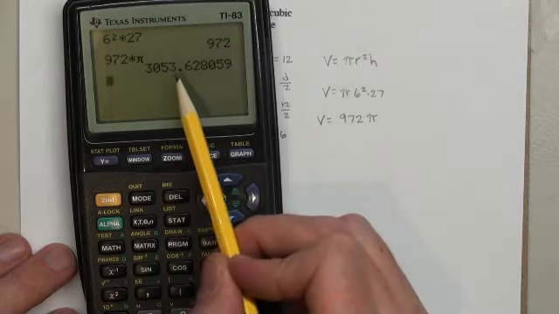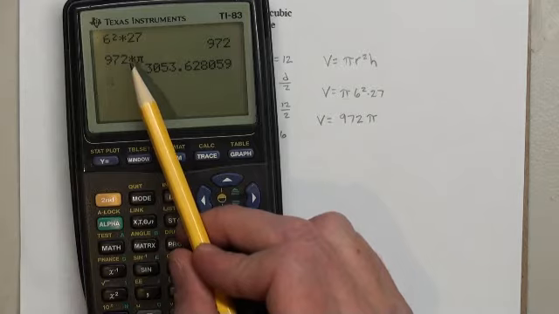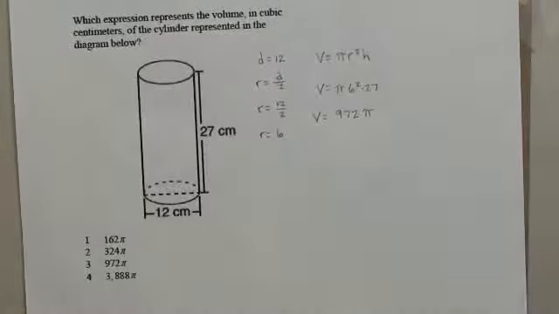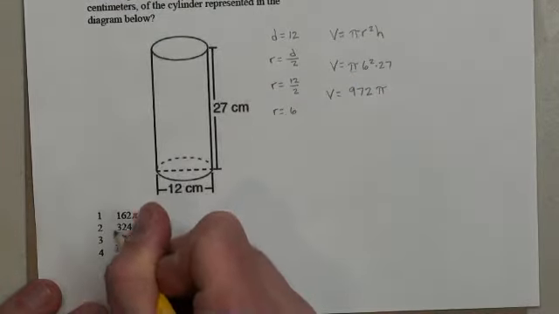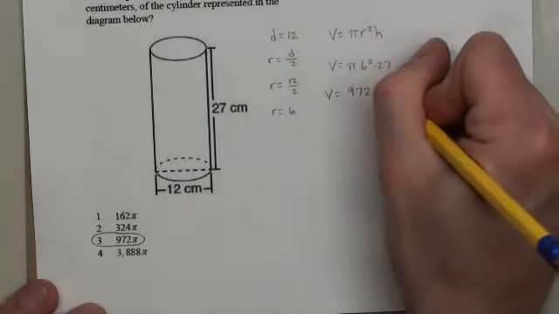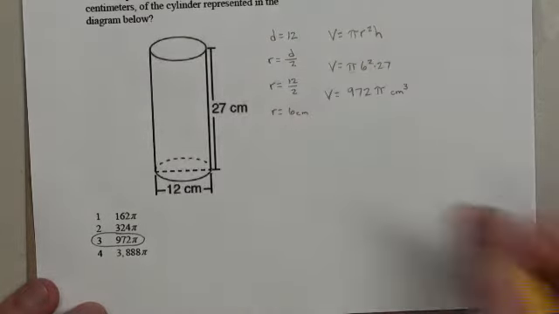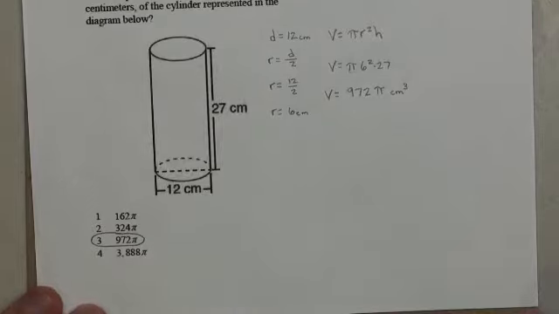A lot of times they would rather you just say 972 pi, because that really is a more exact answer, because otherwise you usually have to round. So the volume is 972 pi, which is choice 3. And for ours, let's put down our label, centimeters cubed, and our radius was centimeters, and the diameter was centimeters.